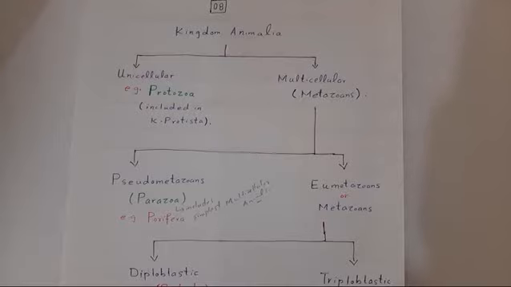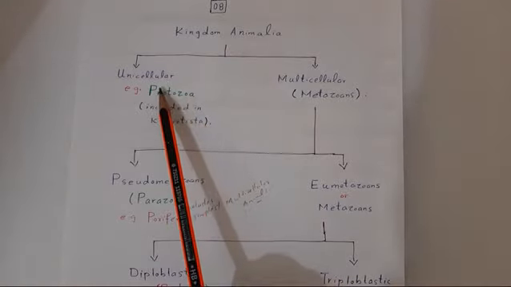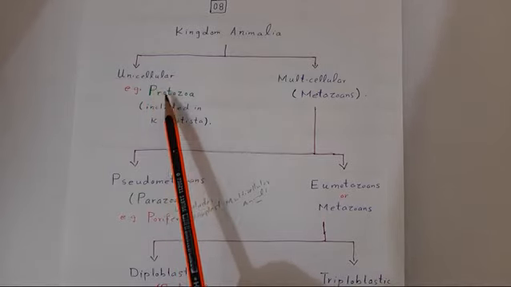We already studied that the protozoa includes unicellular or single-celled animals, while the metazoa, meta means multi, zoon means animals, the metazoa includes the multicellular animals.